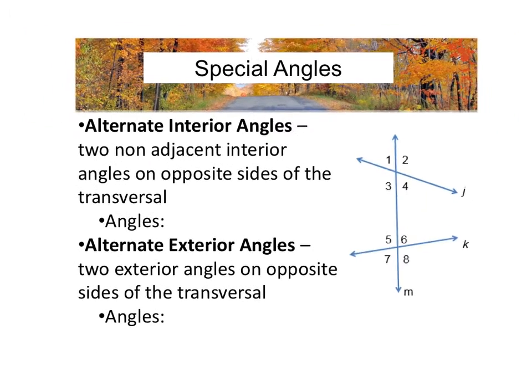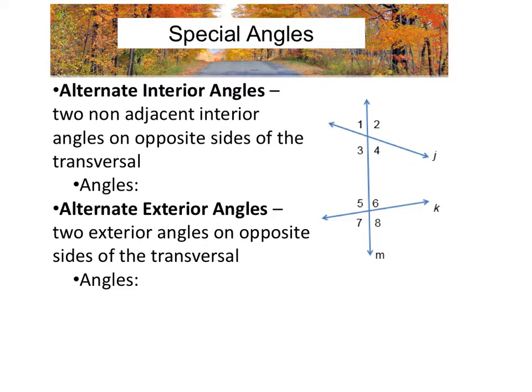Okay, now what we're going to talk about are alternate interior angles and alternate exterior. Now, we've already determined which ones were interior, correct? Those interior ones, like if I were to close this off, my inside angles or my interior angles were 3, 4, 5, and 6.